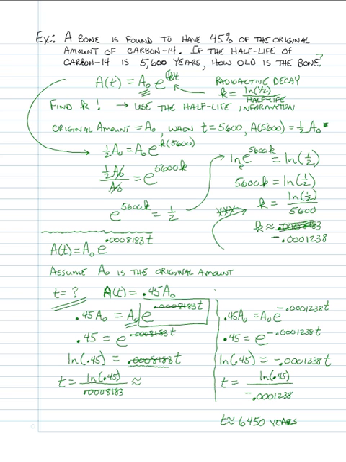And so you can imagine, how did we do that? Well, the 1/2 came from this step right here. We said, okay, if I use the half-life amount, which is this 5,600, as my time, then the amount I have after that time is 1/2 the original amount. So there's the 1/2, and then there's the half-life amount.